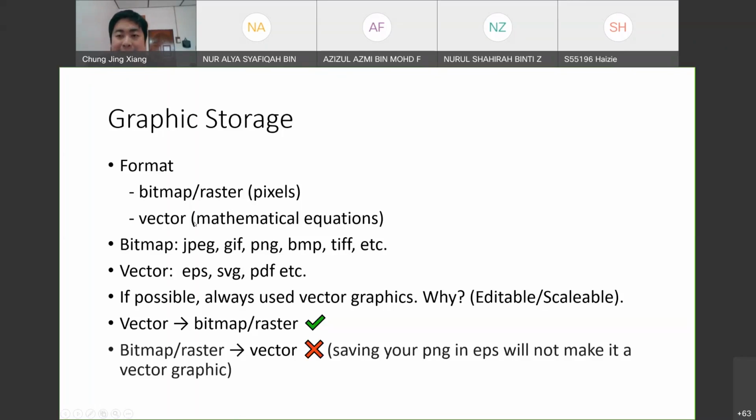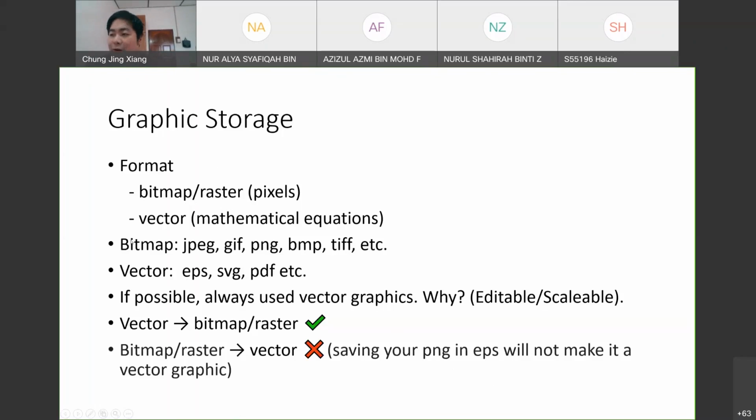But for vector, it will store this line in a formula. Example, y equal to 2x plus 3. So the usefulness of storing something in a vector is you can scale it. Yeah, let's talk about it later.